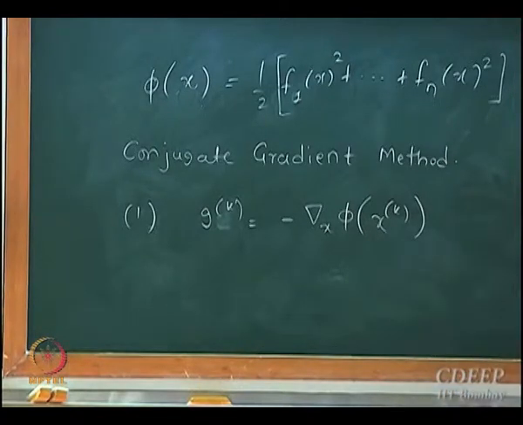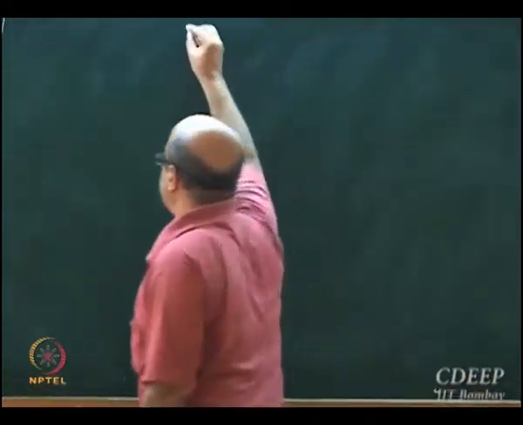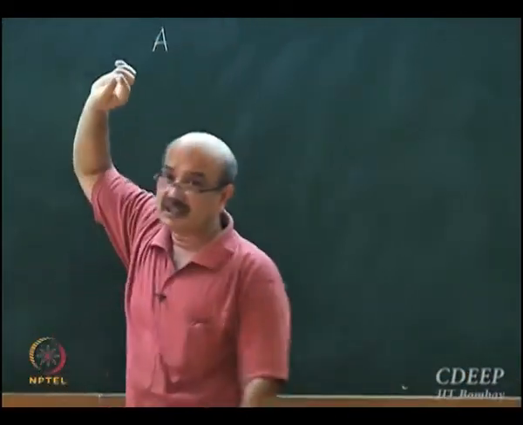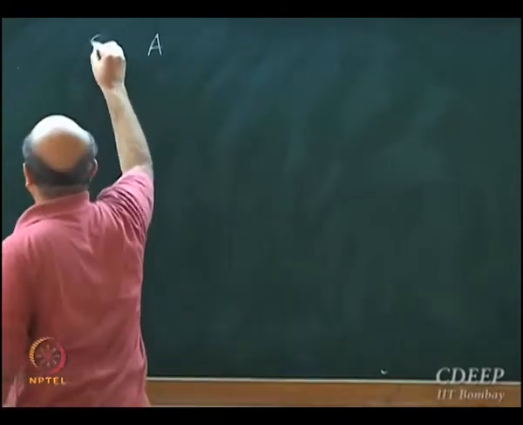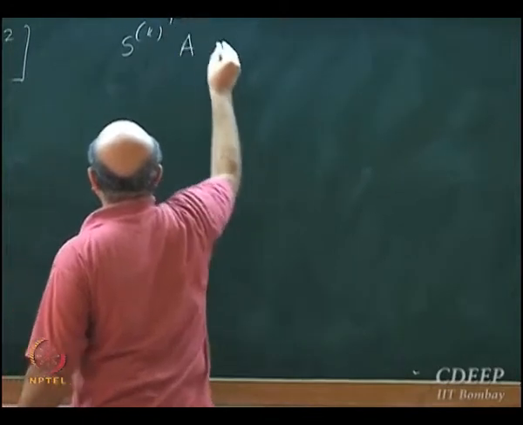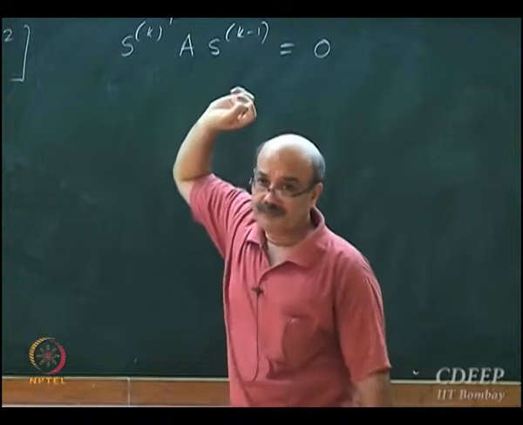Now, what was the idea in generating conjugate directions? The idea in conjugate direction was, given some matrix A, we said that two search directions are A conjugate when Sk transpose A Sk minus 1 is equal to 0.